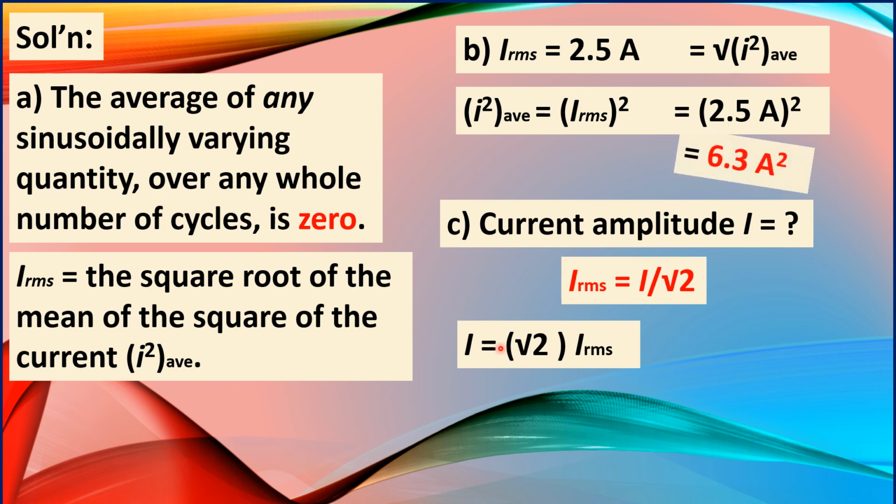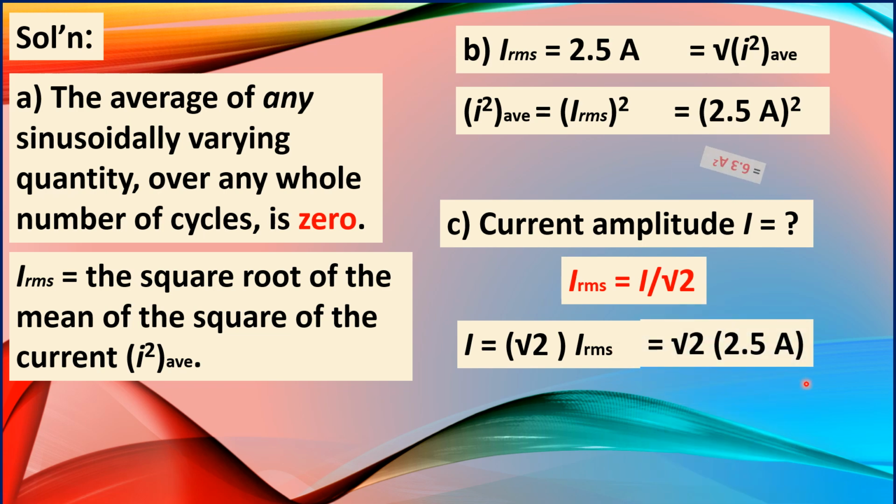That will become I equals square root of 2 multiplied by the root mean square value of the current. Substituting, we have square root of 2 multiplied by 2.5 amperes. So our answer is that the current amplitude equals 3.5 amperes.